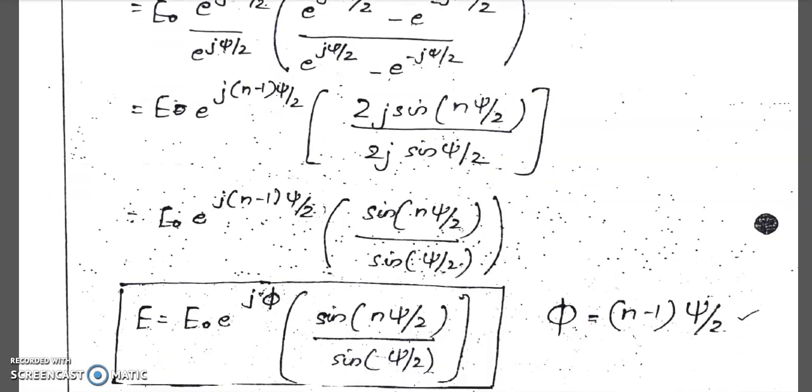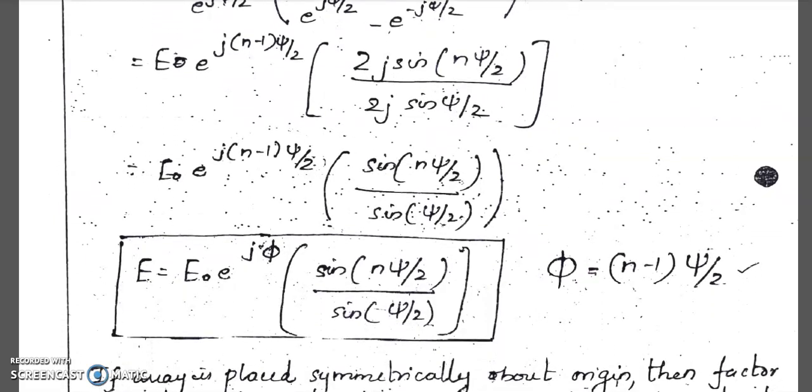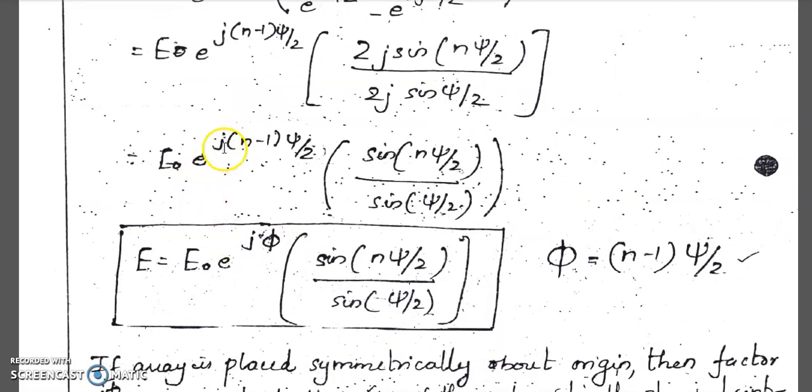So we can cancel out the terms, and finally you will get E0 into e raised to j n minus 1 psi by 2 into sine n psi by 2 divided by sine psi by 2, where we can represent n minus 1 into psi by 2 as alpha. So the final equation is E is equal to E0 into e raised to j alpha into sine n psi by 2 divided by sine psi by 2.